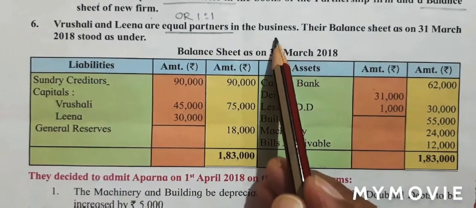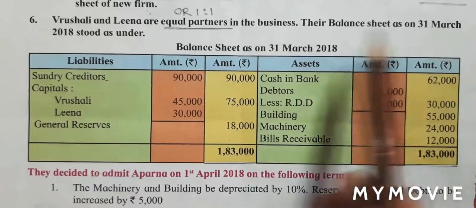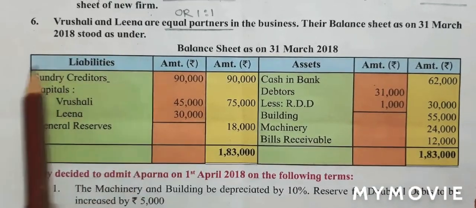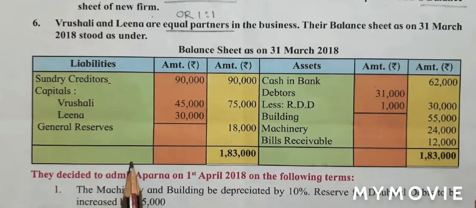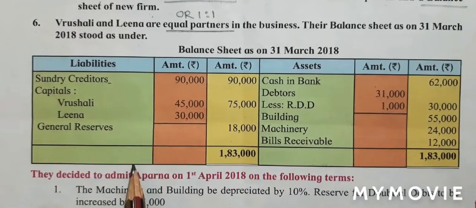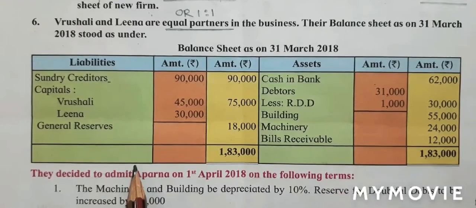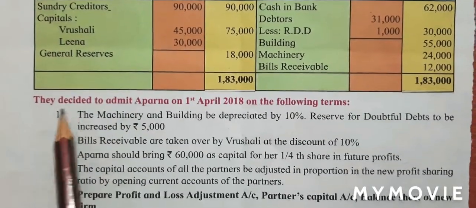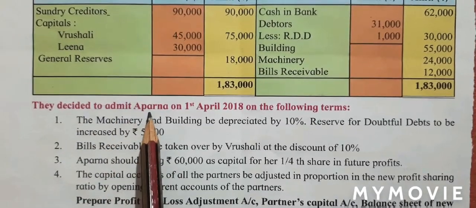In the business, their balance sheet as on 31st March 2018 stood as under. They have given us the balance sheet, but our first step is to read the adjustment and mark star in the balance sheet. So let's begin with adjustment. They decided to admit Aparna.